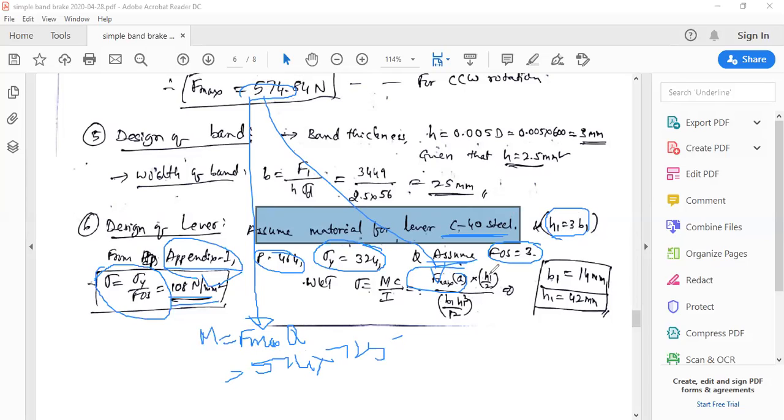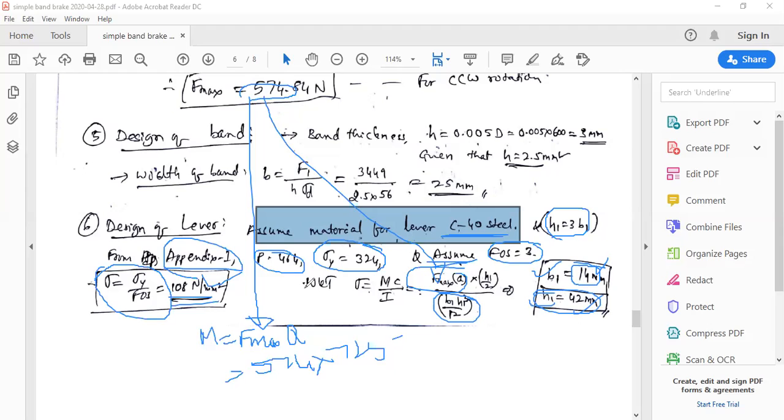Replace this h1 by 3 b1, and here also replace h1 by 3 b1, in b1 h1 cube by 12. After simplification, we get the value of b1 as 14 mm and h1 as 14 into 3, that is 42 mm. These are the two values which are required.